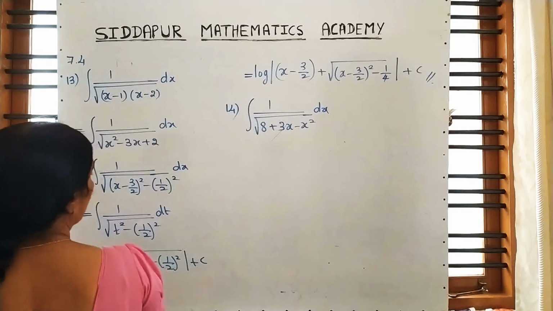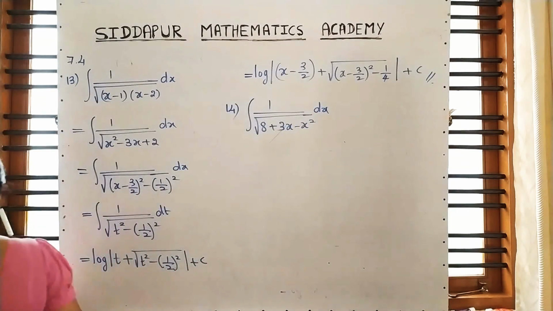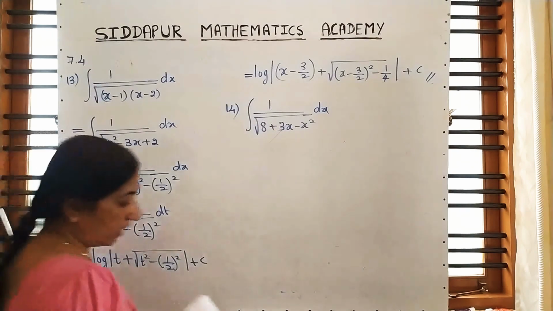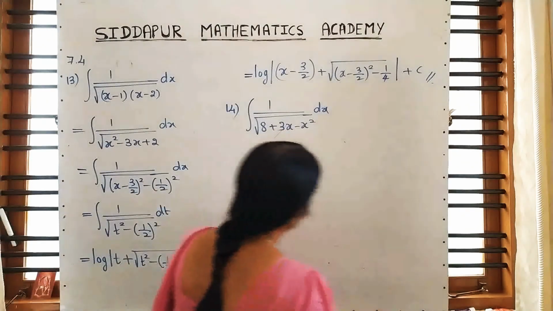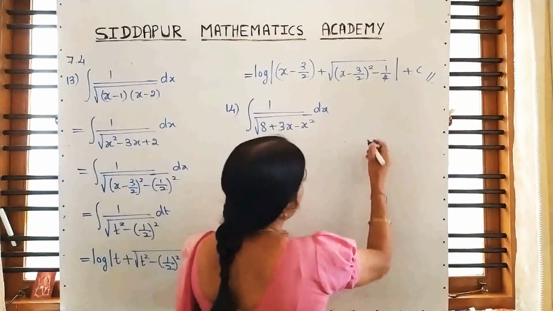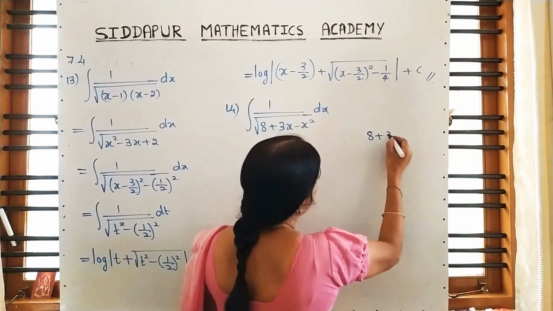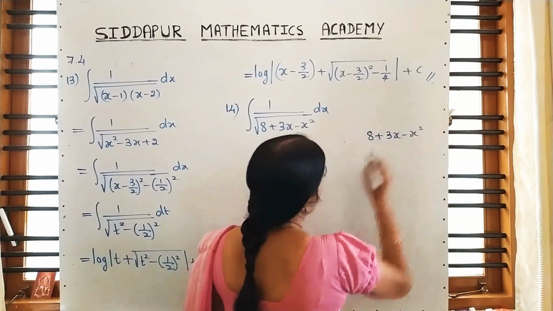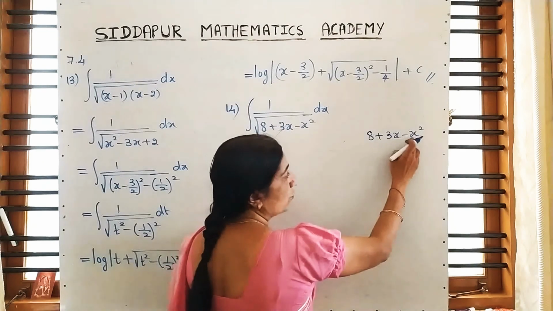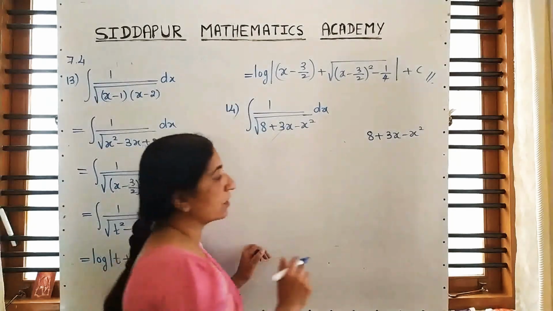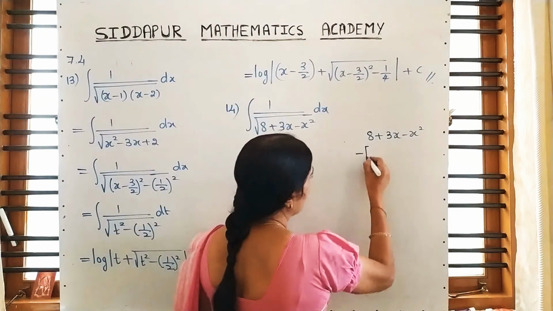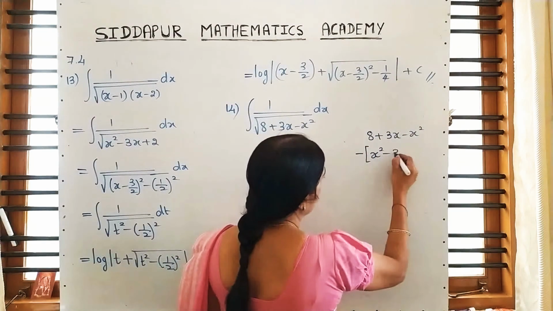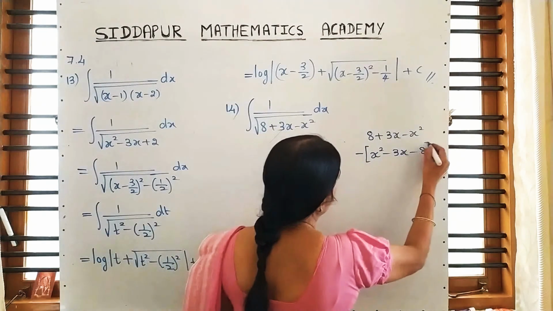So again here also we have to make it a perfect square. All the methods are the same as whatever we did in the previous examples. So on the side write down 8 plus 3x minus x square. First step, we have to make the coefficient of x square plus 1. So take minus outside. x square minus 3x minus 8.